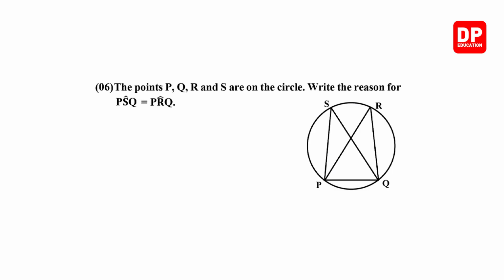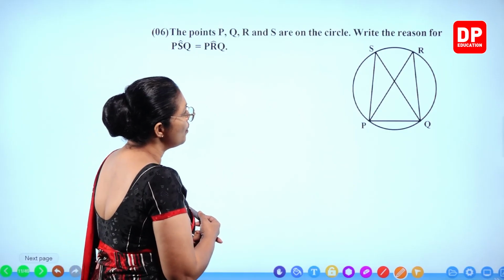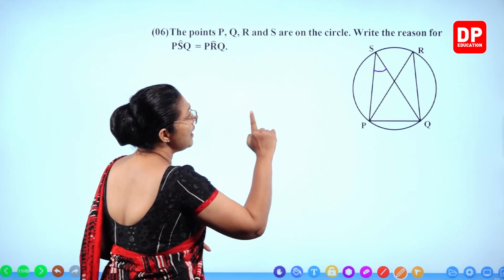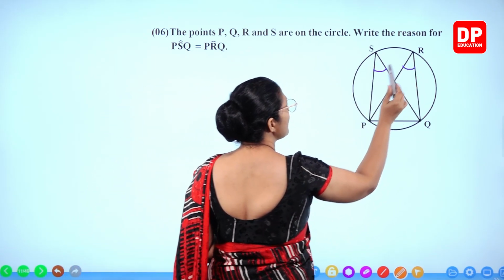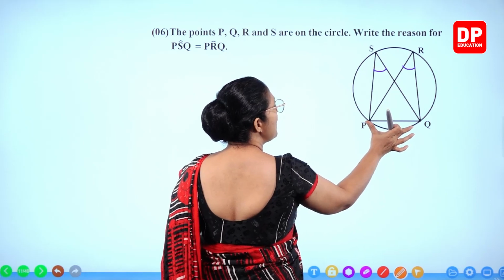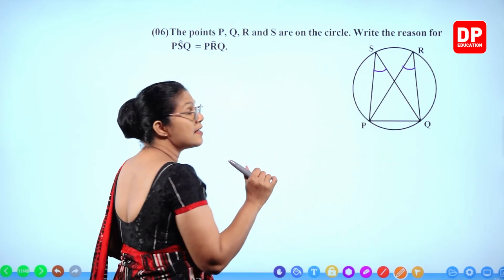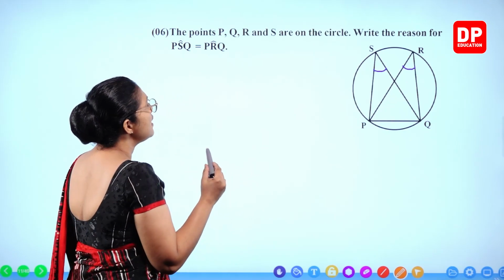Question number 6. The points P, Q, R, S are on the circle. Write the reason for PSQ. PSQ is this angle, equal to PRQ. So we can see when you take P and Q point, same segment angles are these. So same segment angles are equal.